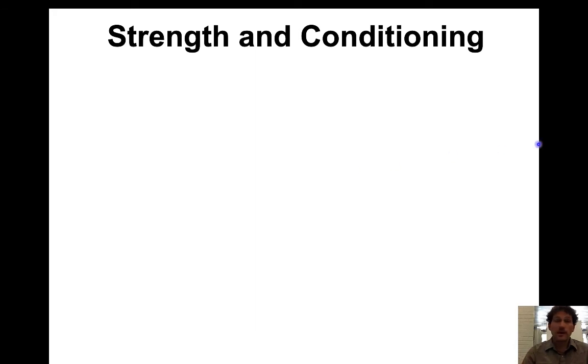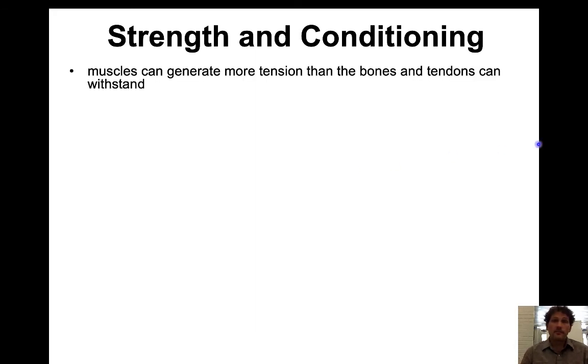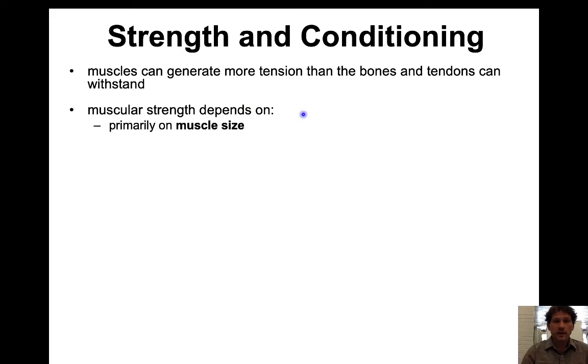So how does that apply to you all? Well, when we talk about strength and conditioning, the muscles themselves can generate a lot of tension, often more than the bones and tendons can withstand. So our bodies are regulating that. But that muscular strength depends on, and this is somewhat of a review from things we've talked about, our muscle size, okay?